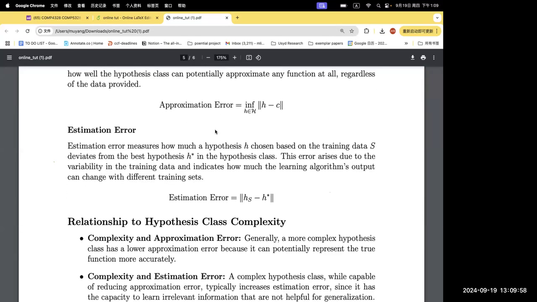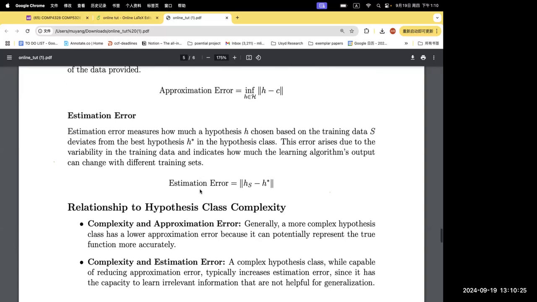The estimation error measures how good the hypothesis that minimizes the training loss is: if it is very close to the optimal hypothesis, it means you are finding a relatively good hypothesis within the predefined hypothesis class.